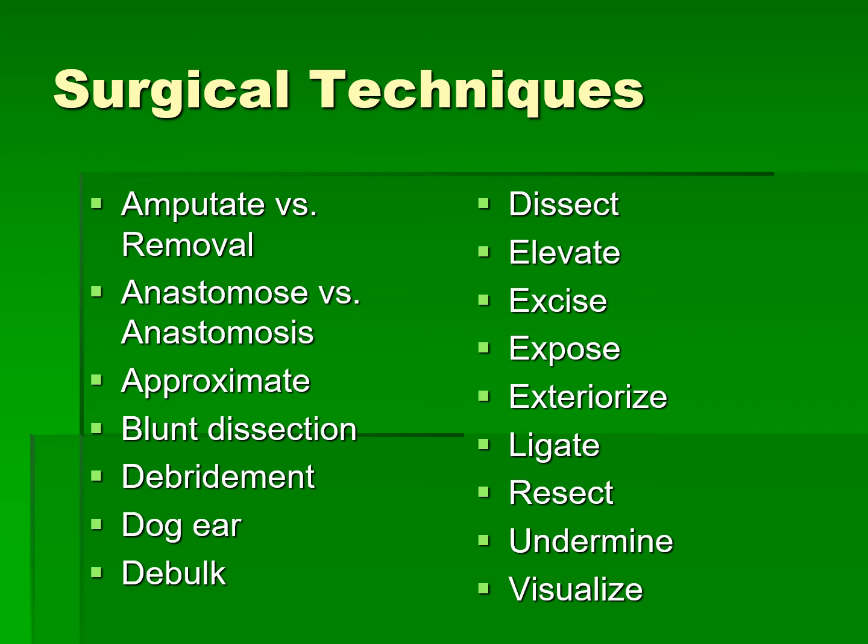We've all probably used this term, but it basically means to separate anatomical structures with instruments or a sponge or something like that. Again, tissues have planes, and so the surgeons are going to want to create as least amount of trauma as possible, and as they're dissecting, they're going to work along those tissue planes.